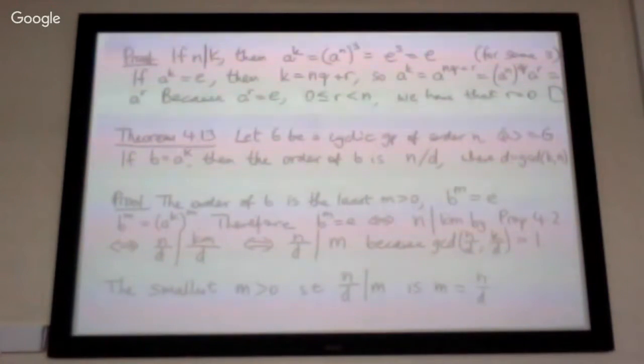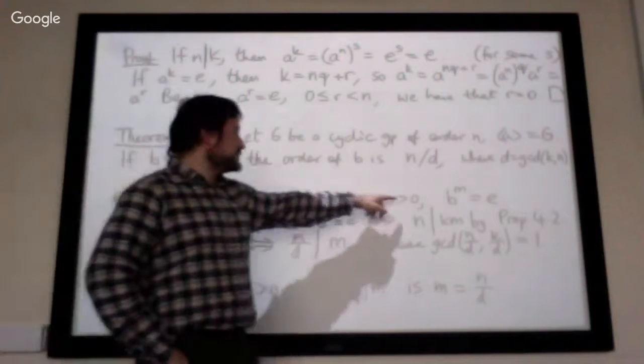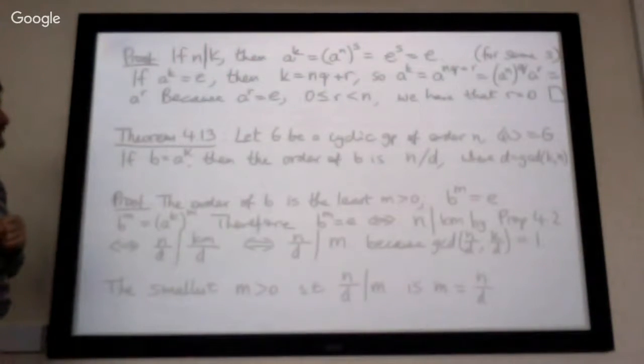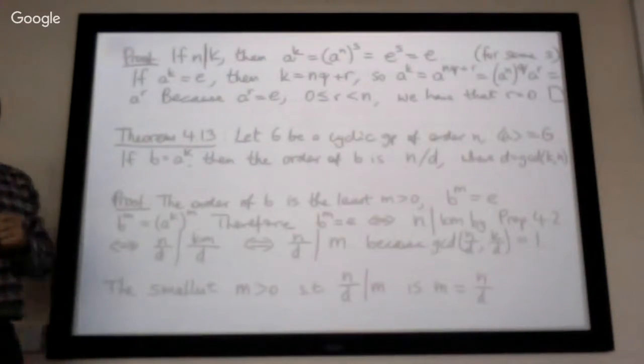There's no smaller positive multiple of n over d than n over d. So we were looking for the smallest one such that b to the m is e, and we found that the smallest one is n over d, which is what the theorem wanted us to say.